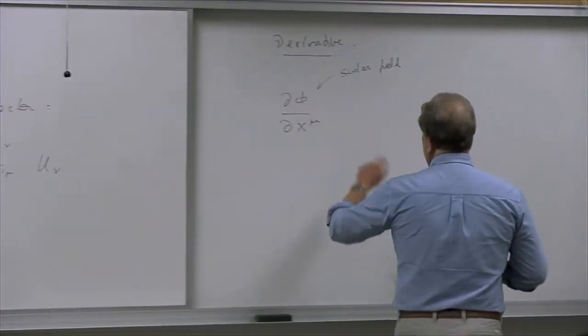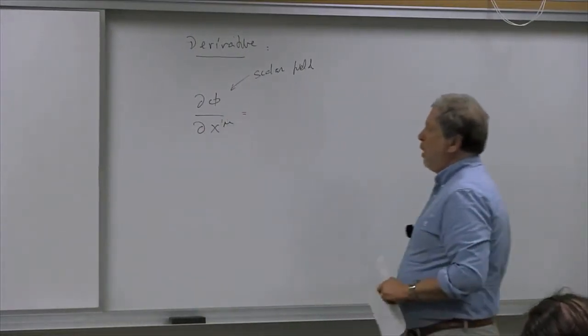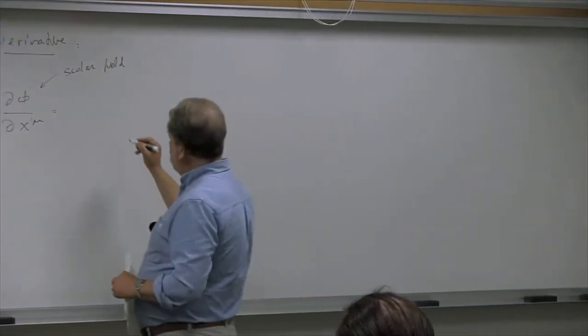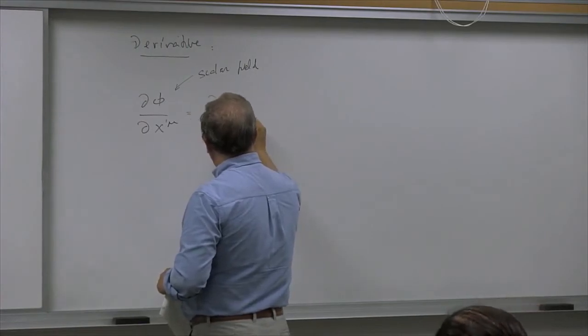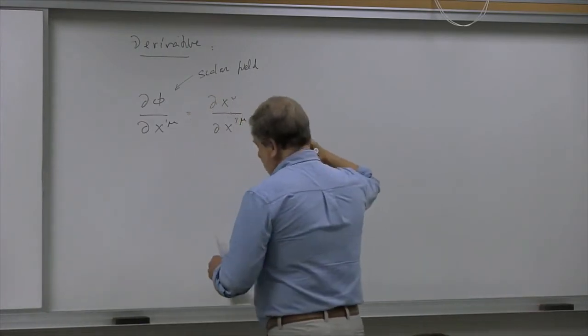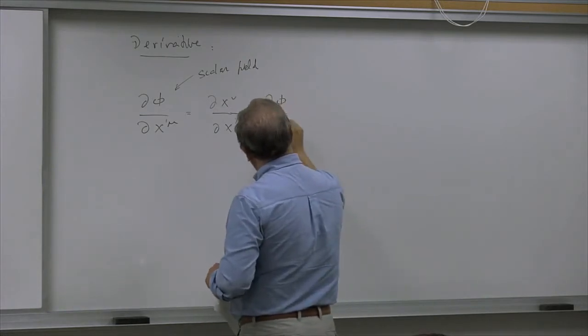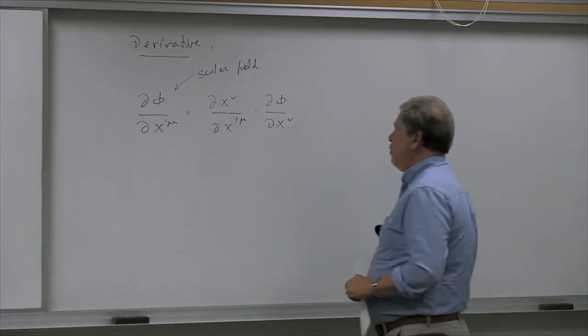So if we take d phi by dx prime^mu, so if we put a prime here, then we can write that derivative with respect to the prime as the derivative of dx^nu by dx prime^mu, and then times the derivative of phi with respect to x^nu. Right? Again, just using rules for differentiation.